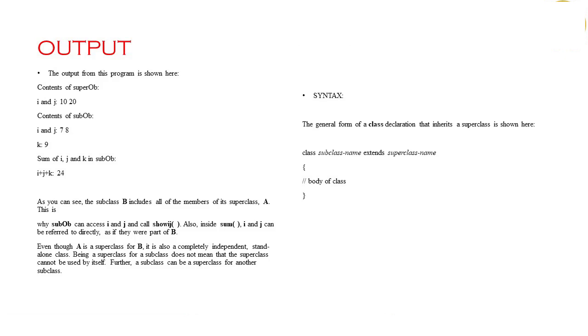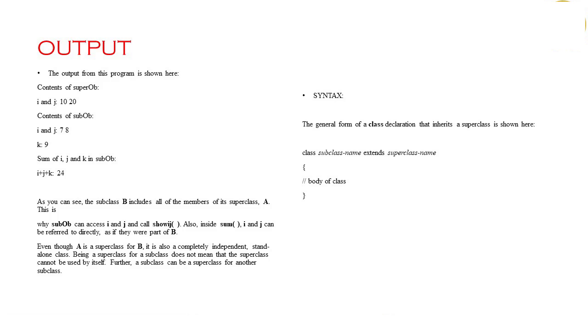As you can see, subclass B includes all of the members of its superclass A. Subclass B can access i and j, call showij, and also sum of i and j can be referred to directly as if they were part of B. Even though A is a superclass for B, it is also a complete, independent, standalone class.